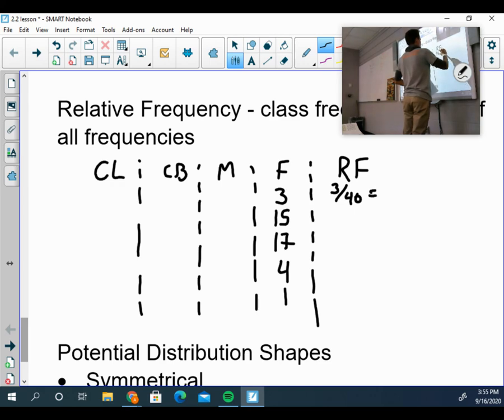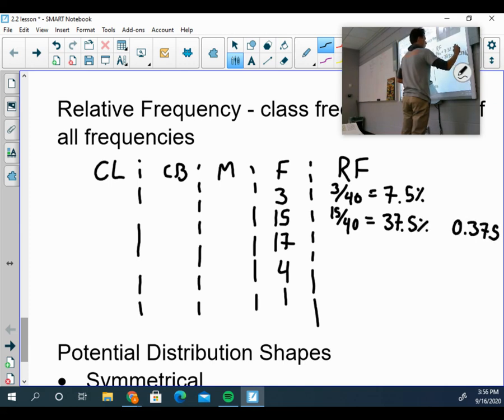When you do this, you get 0.075 or 7.5%. 15 divided by 40 would be 37.5%. Again, in decimal form, that's 0.375. This would be 0.075.